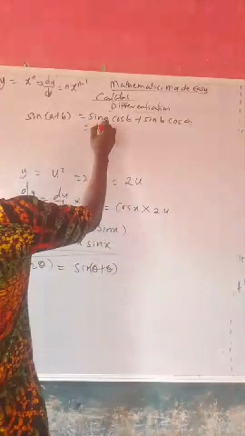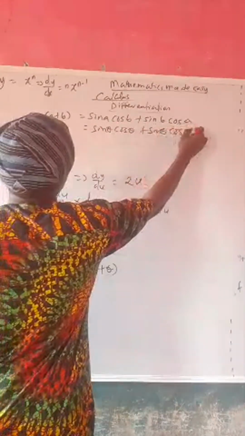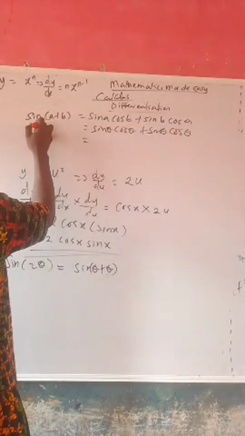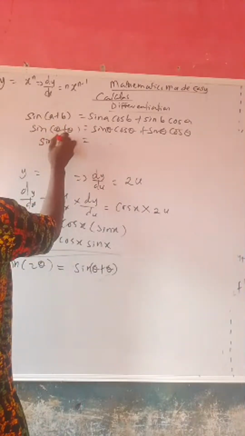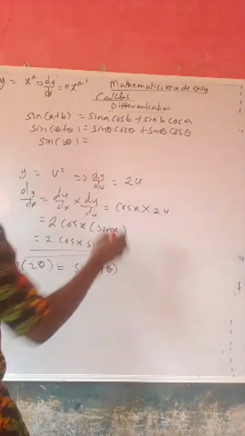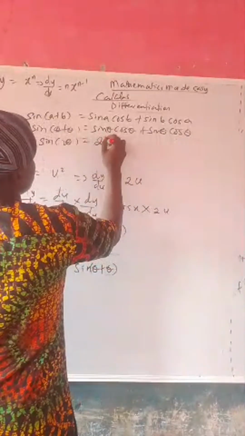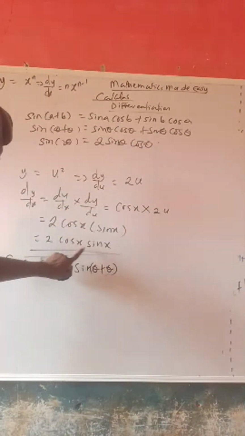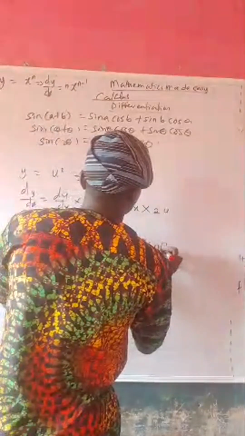So this will be equal to sine theta cos theta plus sine theta cos theta, which will give us 2 sine theta cos theta. That is beautiful, and that's what we're getting here: 2 cos x sin x. So that shows that this is equal to sine 2x.